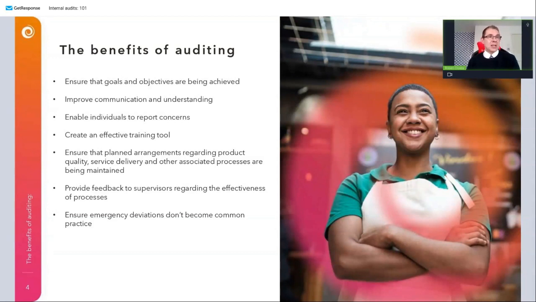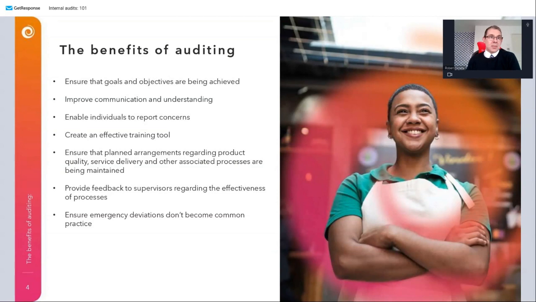And again, a management system standard like ISO 9001 concentrates on that particular aspect of a business. It can also provide feedback to the supervisors and also the senior management team that those processes that have been set up are effective. And again, it can identify where those processes may not be as effective as they should be, so that we can put measures in place to correct that and improve that going forward.